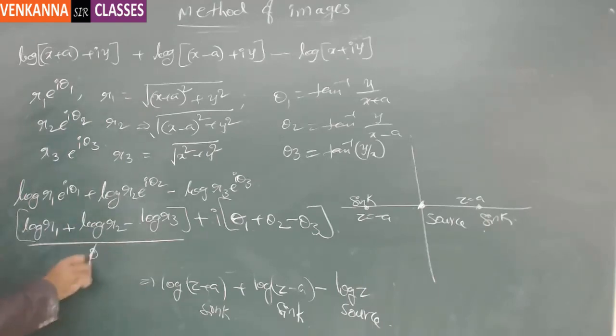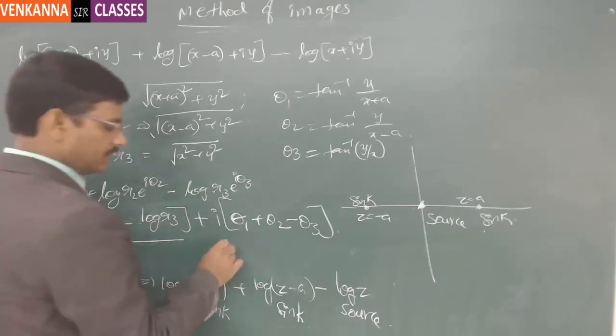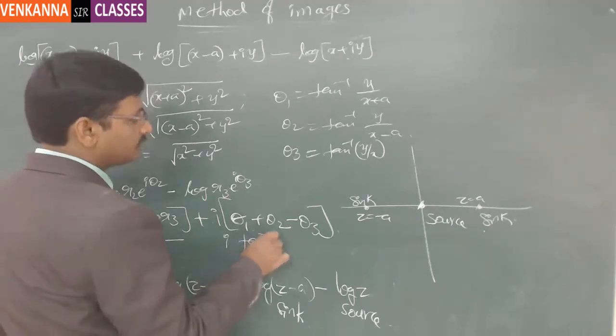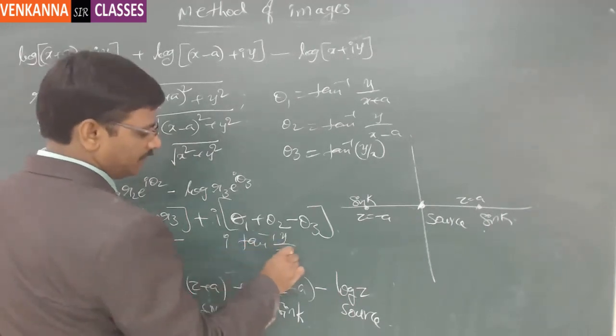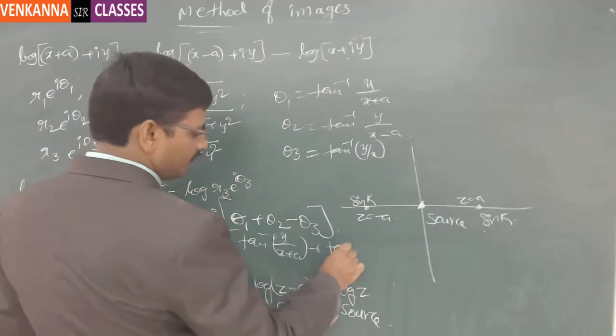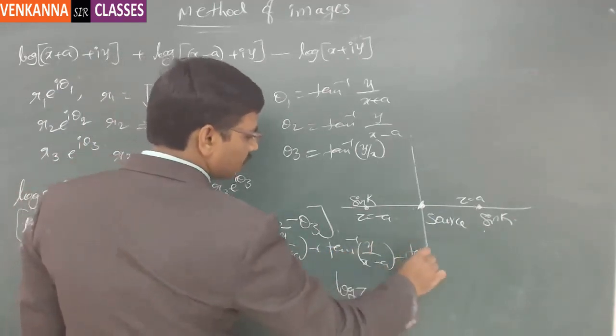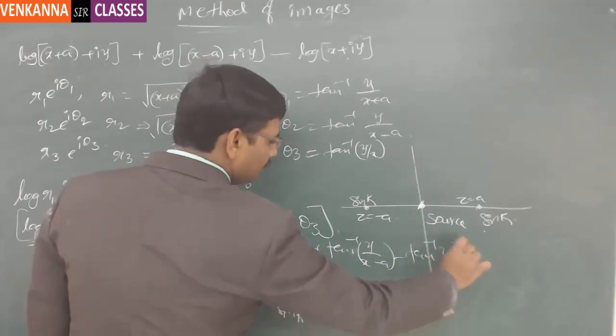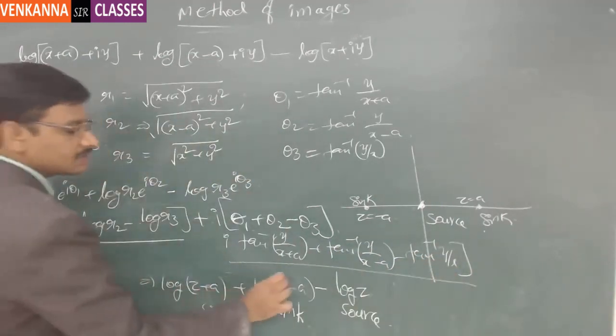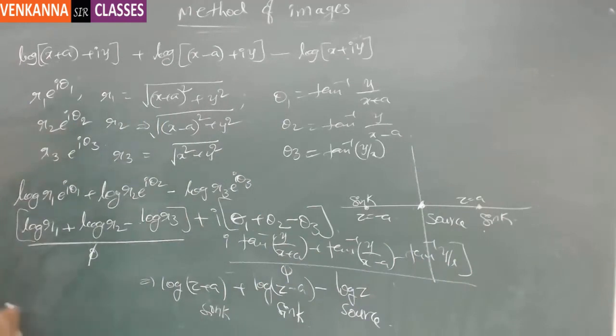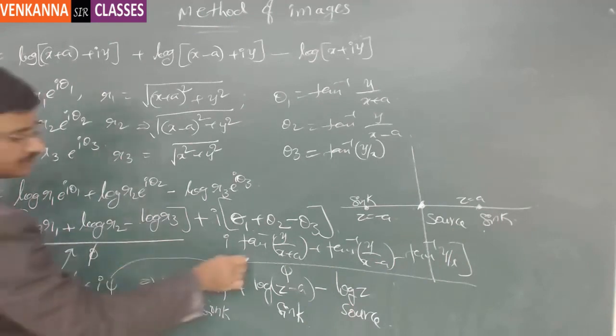then this is nothing but the scalar potential phi, and this is nothing but i times of tan inverse of y by (x plus a) plus tan inverse of y by (x minus a) minus tan inverse of y by x. So this part is nothing but psi for us, because w is equal to, this is the w. So w is nothing but phi plus i psi, where phi is this one and psi is this one.